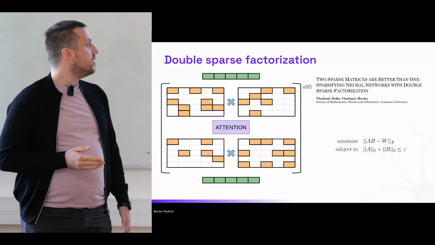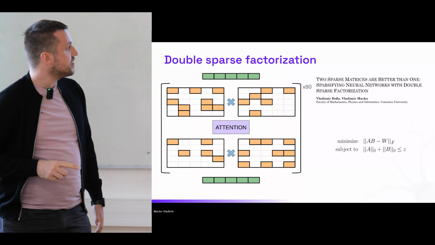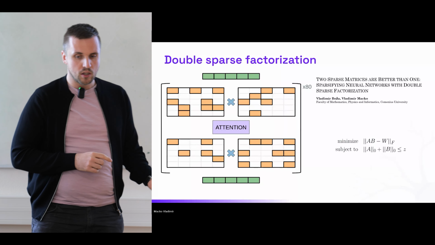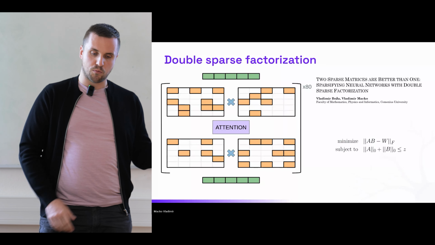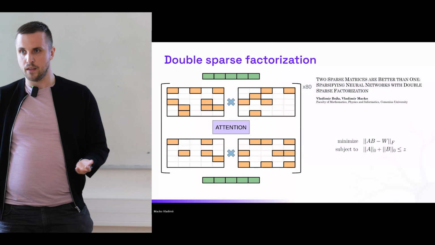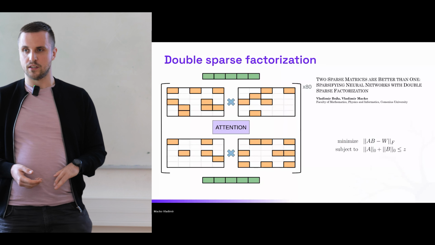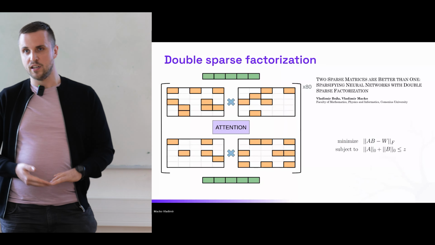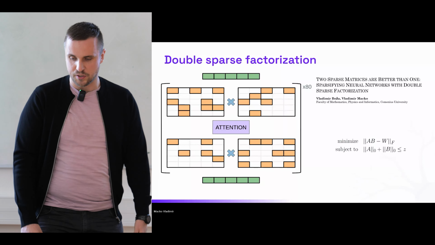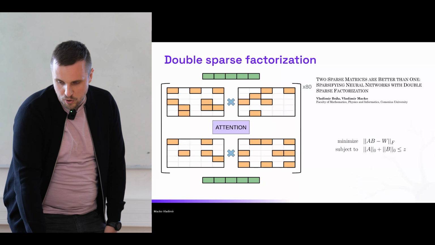Again, it turns out that if you fix one of the matrices, A for example, you can, to a large extent, use the work done in the previous paper by Vladimír to optimize the matrix B. So we fix A, optimize B, fix B, optimize A, and so on until we reach the desired properties of the matrices and a good enough model.